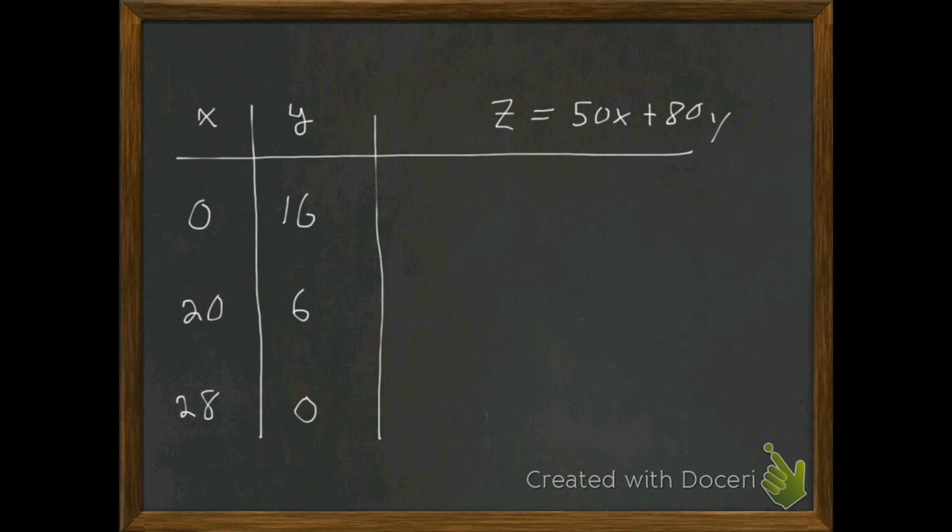So guys, when we have 50 times 0 plus 80 times 16, we get 1280.